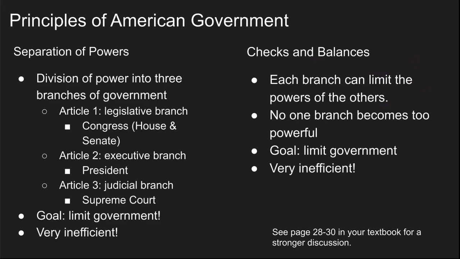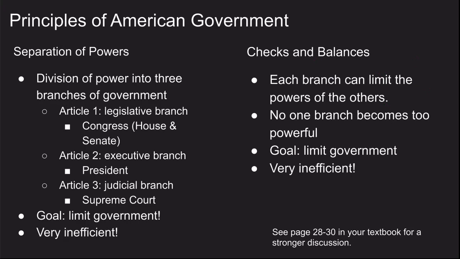The Founding Fathers preferred that things done in Washington be done inefficiently so that there's not constant change and upheaval. Change requires slow, meticulous effort from all three branches of government to occur.